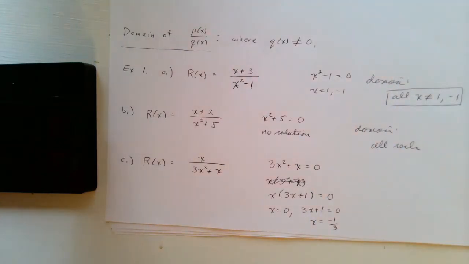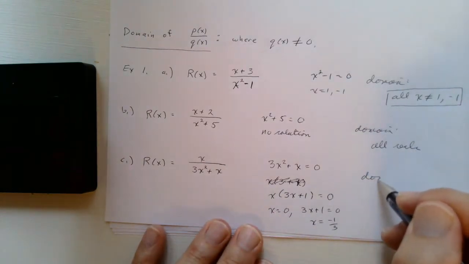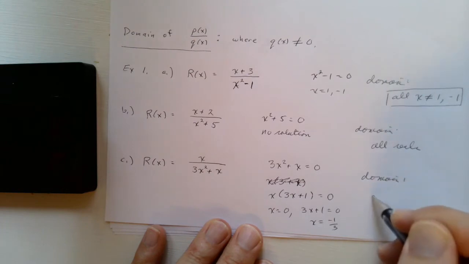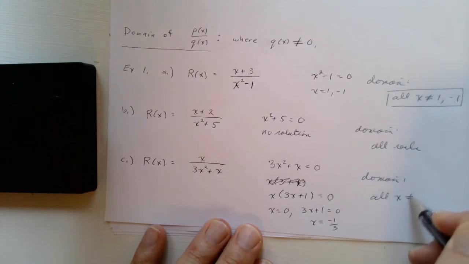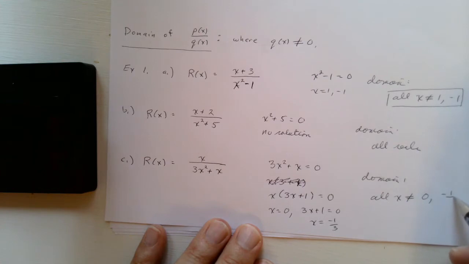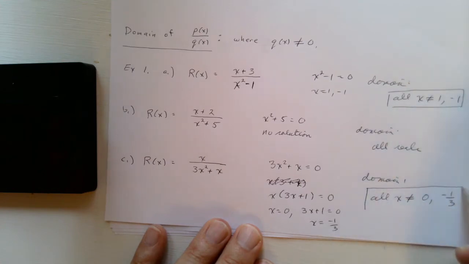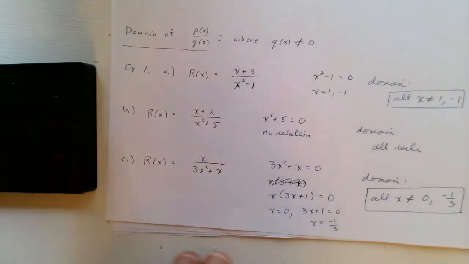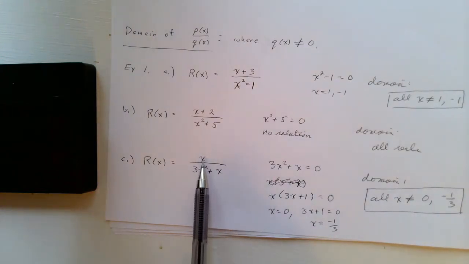All right, so these are the two numbers that cannot be in the domain. So the domain would be all x not equal to 0 or negative 1/3. You'll notice that 0 also makes the numerator 0 as well. That's going to be relevant later on, but not for finding the domain. For finding the domain, you just set the denominator equal to 0 and proceed from there.